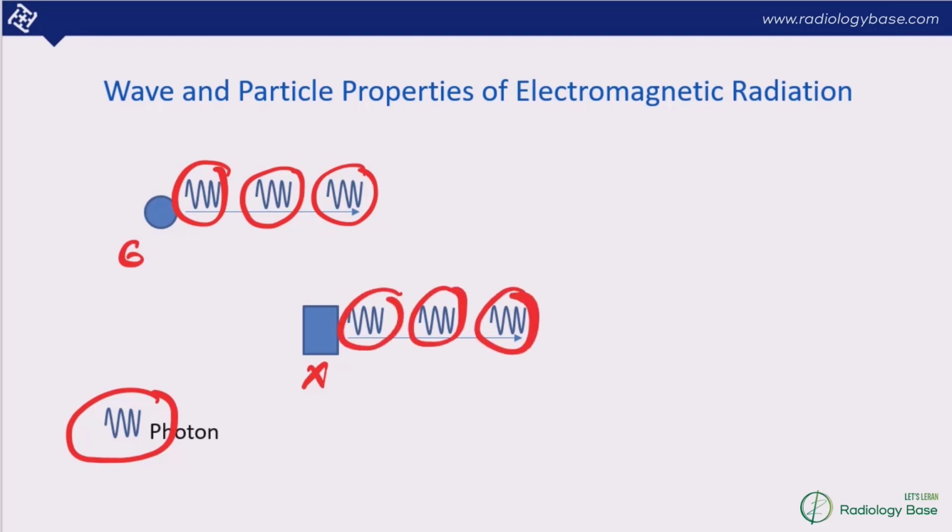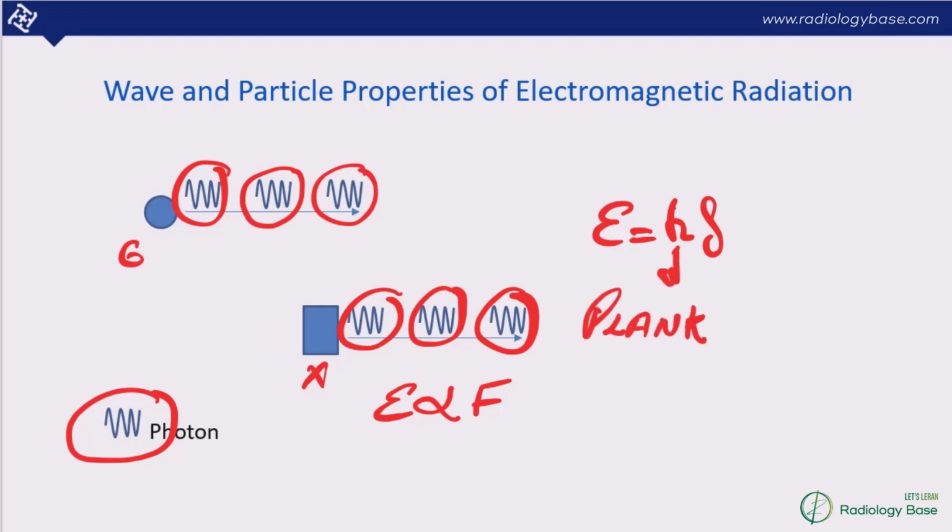To discuss this further, the energy of any photon is directly proportional to the frequency, and to make this a constant value, we add an h. E is equal to hf, where h is Planck's constant, and it has a value of 6.6 × 10^-34 joule second.